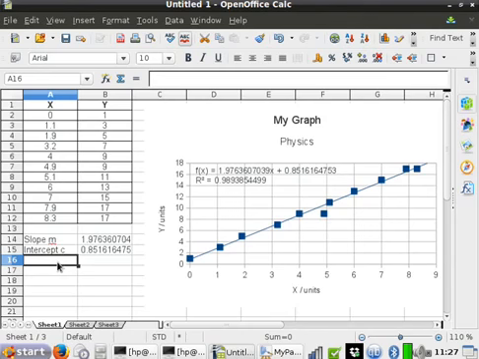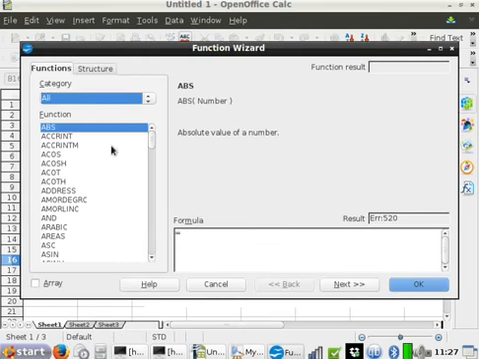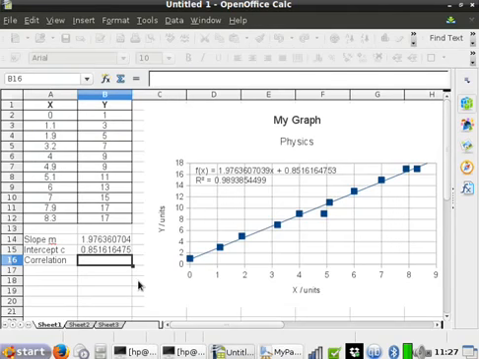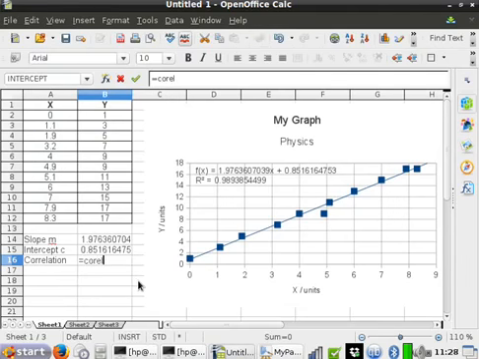Does anyone know what that is? It's called a correlation, and I'll explain what it is now. And the function is, I think it's CORREL. C-O-R-R-E-L? Yes, there we go. So I can just highlight both of them.